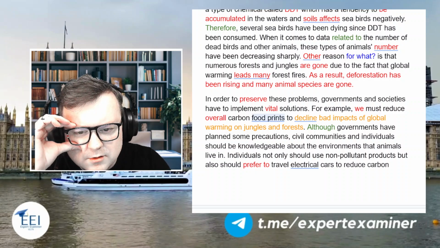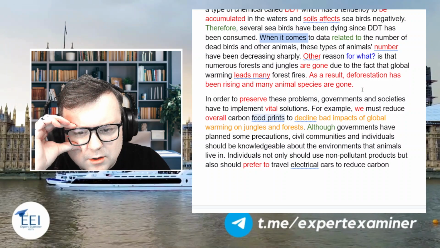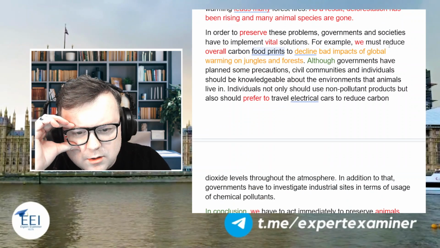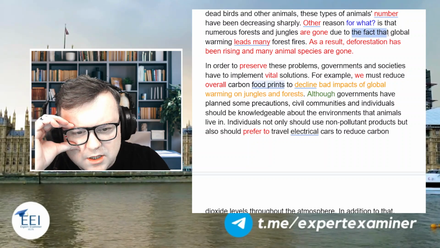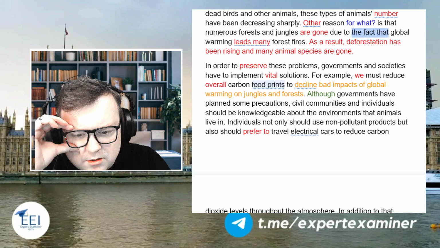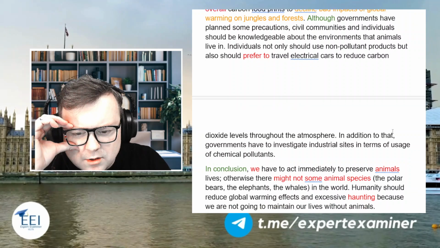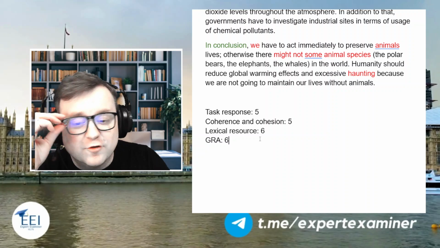"When it comes to data", cool. It uses "the fact that" again to link things, nice. Cool. All right. So I think there probably is enough range in there for the 6.